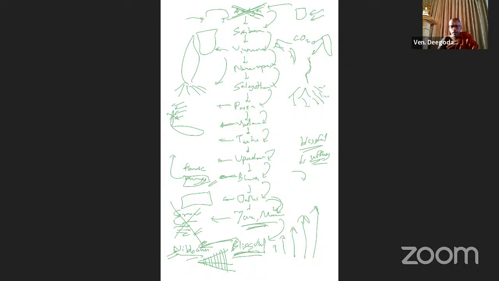You don't need to remember this part. You can use this to understand the reality, but you don't need to remember that here the Salayatana is forming, here the Vedana is forming.